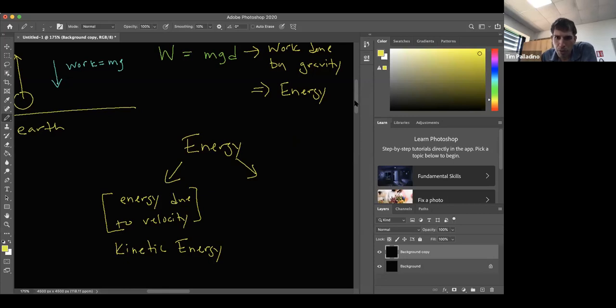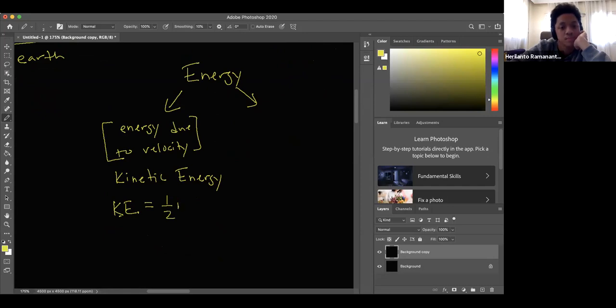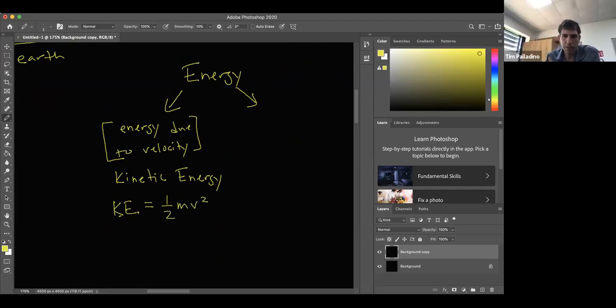Do you guys remember a formula for kinetic energy from your previous class? I'm just going to write it as KE for now. I'll give you a hint, it starts with a 1/2 term. Do you remember? 1/2 mv squared. Very good. So if an object is in motion and has mass, it has this property called kinetic energy.